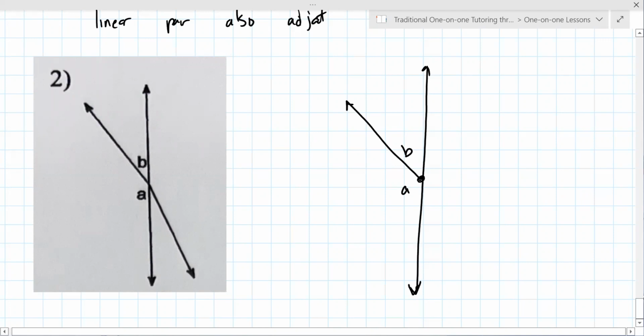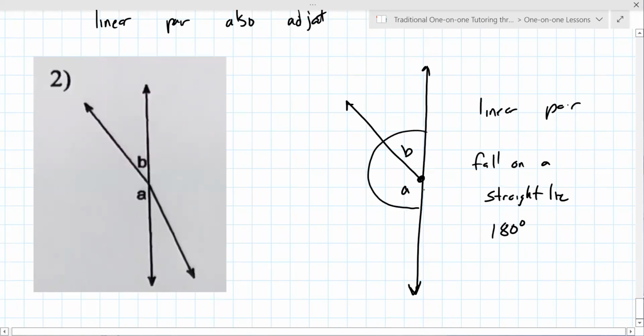It's definitely a linear pair, but are they also adjacent? Yes, they're also adjacent because they share the same vertex. Now, what does it mean to be a linear pair? They fall on a straight line, but more specifically, the measure of that line is 180 degrees. So these two angles actually add up to 180 degrees.